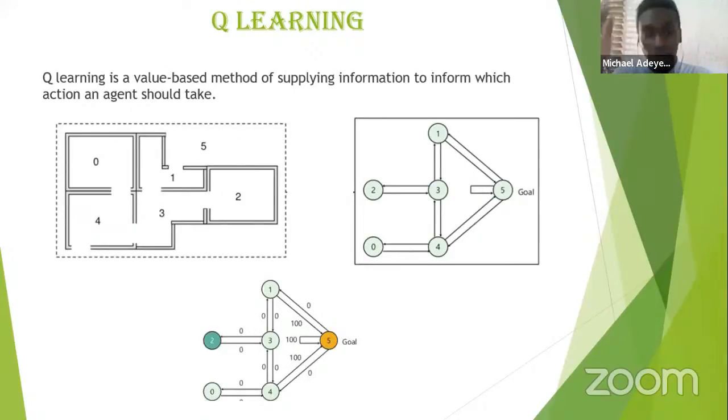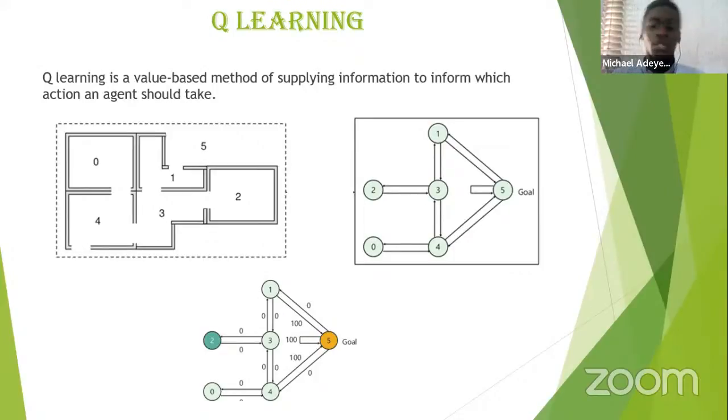From the definition, it's a value-based method, so it places values. Where there's 100 are the places where it's directly connected to the goal. You can see on my screen, from 1 to 5 is direct to the goal. So if it's starting from 2, it goes from 2 to 3, from 3 to 1, then from 1 to 5.